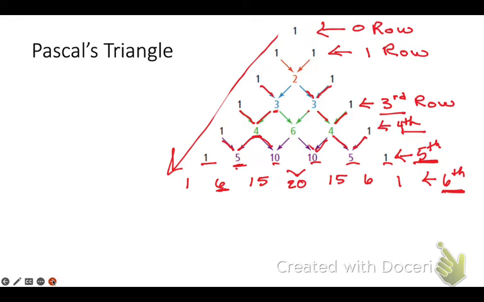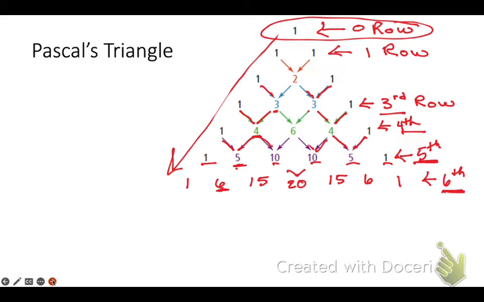How many rows do you actually have? 7. Why? Because you always start with 0. Those people who don't know what they're doing, how many rows do they give me? 6. They stop at the 5th. So do you have to understand where it starts? Yes.